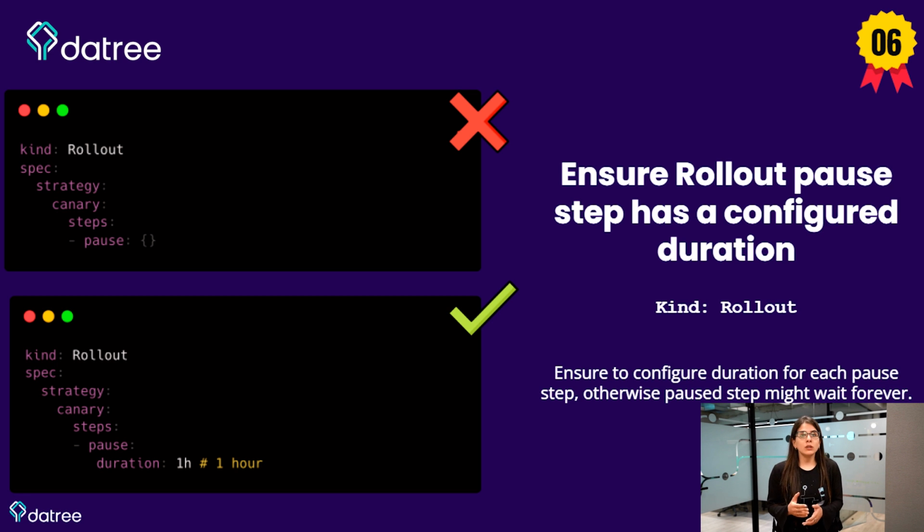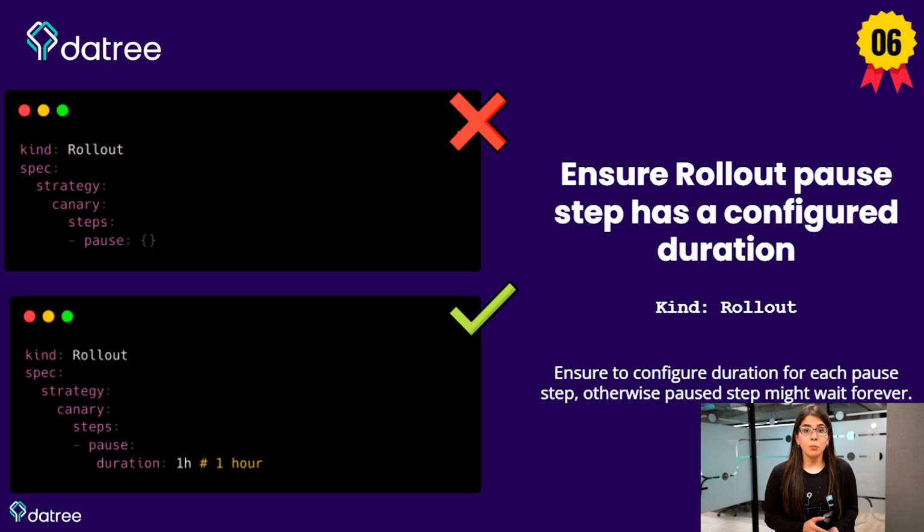Now, under the hood, when Argo controller reaches a pause step, it adds to the rollout an internal pause condition. If that pause step has a configured duration, then the rollout waits the amount of the duration time, and then the pause condition is removed and the rollout moves forward to the next step.